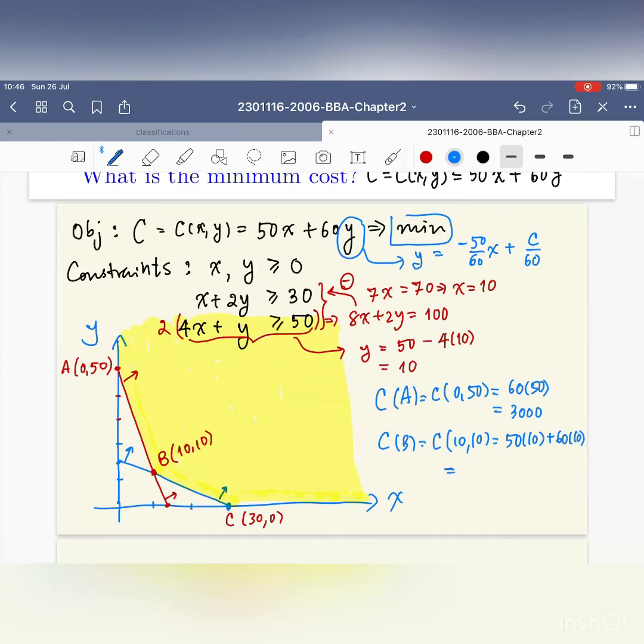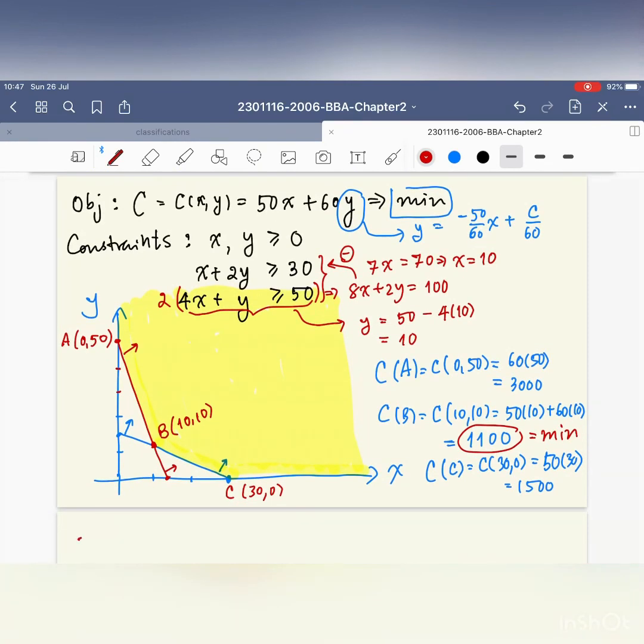Or it is 500 and 600, which is 1100. So correct. And the last one is at the C, which is 30 and 0. So it is 50 and 30, which is 1,500. So where's the minimum? Here, okay, is the minimum.